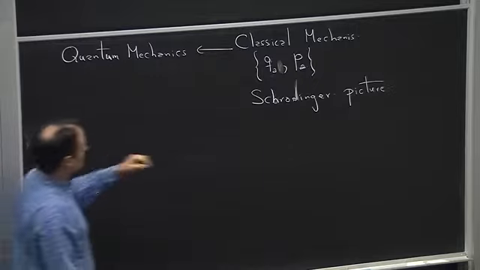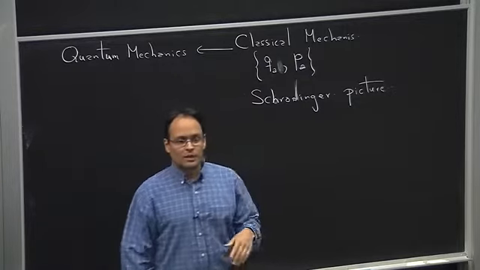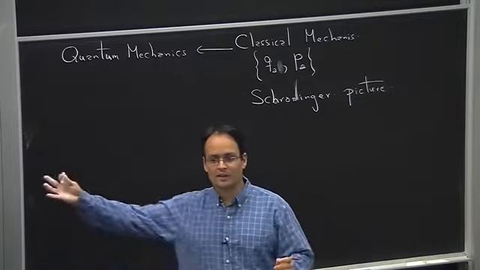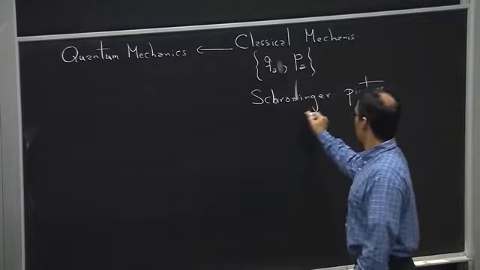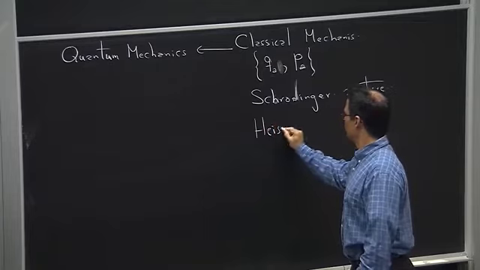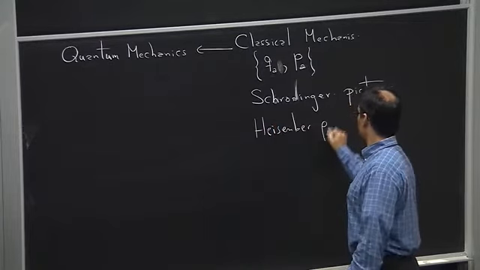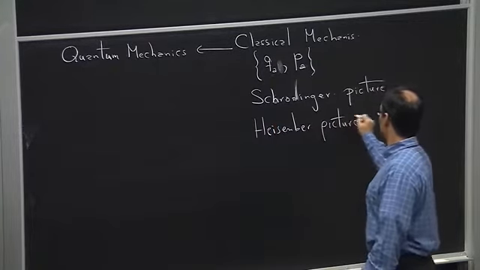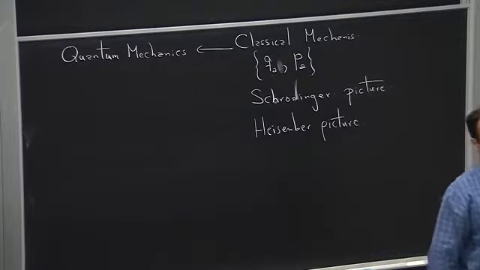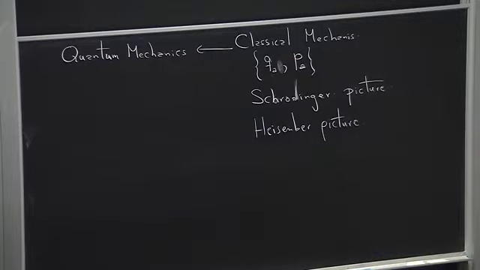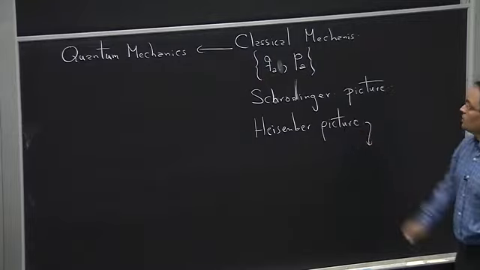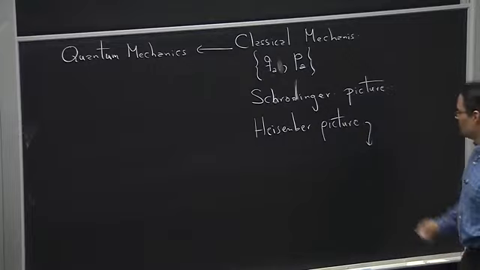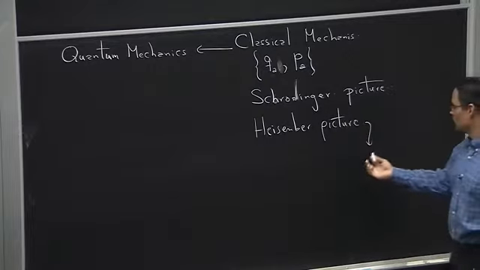Okay? But it turns out that in quantum field theory, it's more useful, or at least in the canonical version that we're going to do, to think about the Heisenberg picture. So what's the difference in the Heisenberg picture? Here, states don't depend on time, but operators depend on time. And how do you get operators to depend on time?